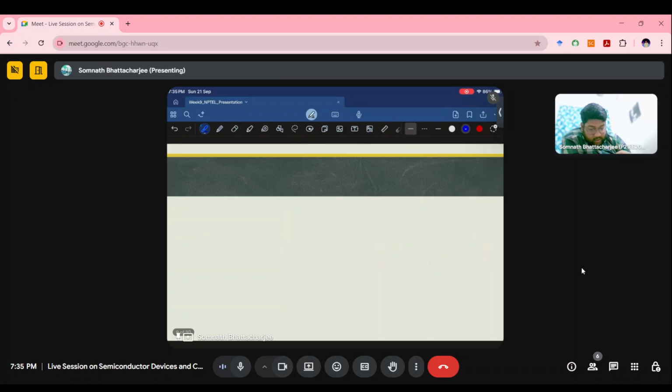In this case, we found an ID value. If we divide it by W and H, we know this as the current density, which is nothing but QNVD or QN mu E. So this is the current density.